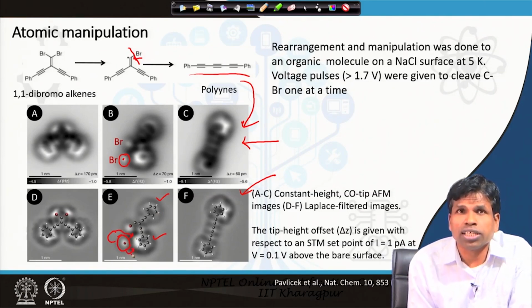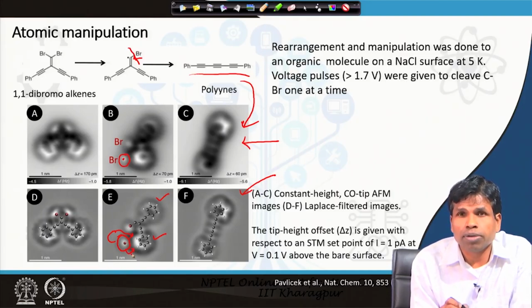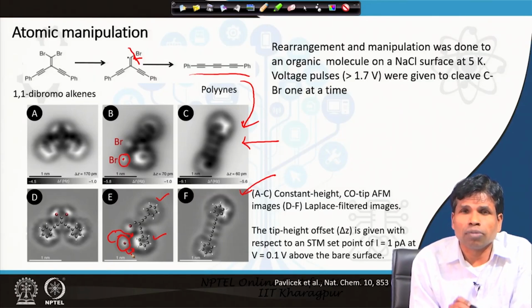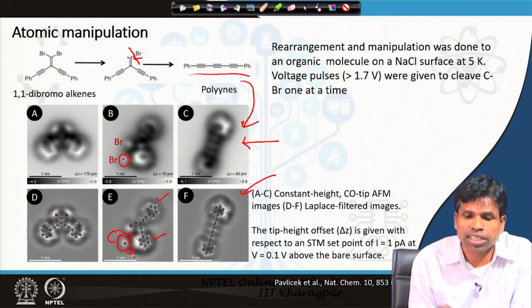And now, what you can see here is that using a suitably functionalized AFM tip, it was possible to do a single molecule chemical reaction while observing the topography and how these atoms and molecules are changing their position.